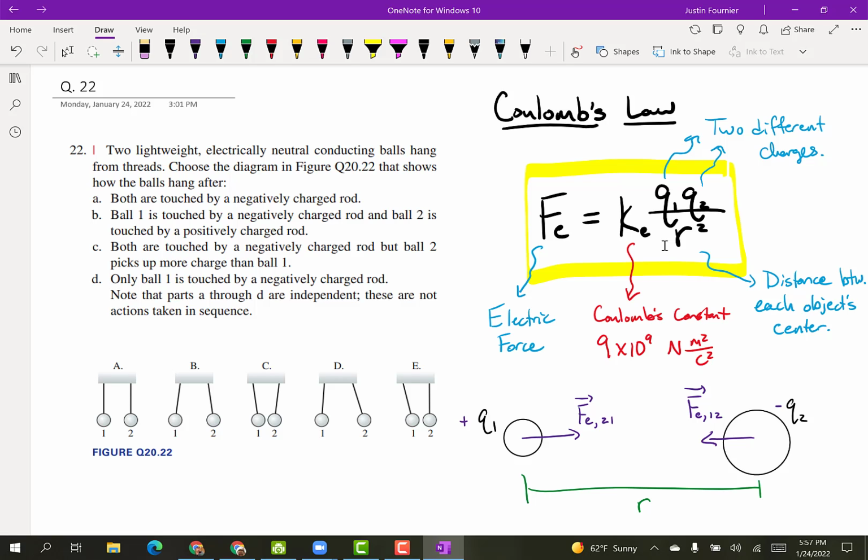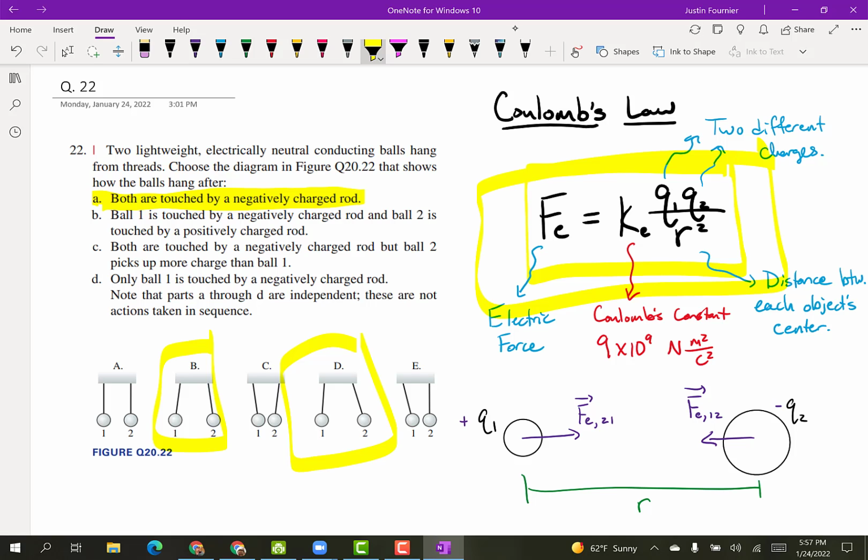So let's look at these. Part A says both of the balls are touched by a negatively charged rod. If they're both negatively charged, they're going to repel one another, so it's either B or D. However, they repel one another equally.